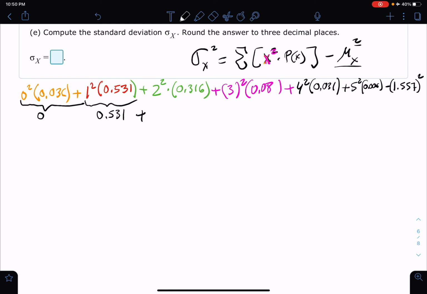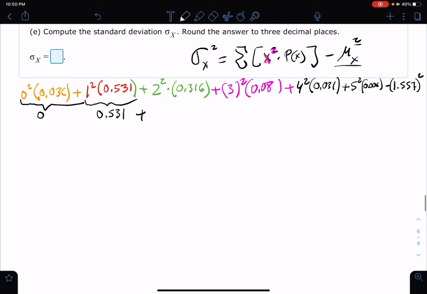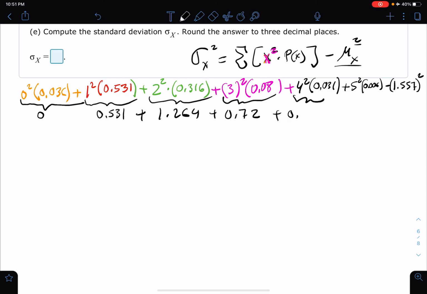So 2 squared times 0.316, and that's just going to give us 1.264. You can follow along with the calculator. Now this is this guy right here. This came from this one. This is 0.72 plus, and then this is this guy. 4 squared, and then multiply, we get 0.496.